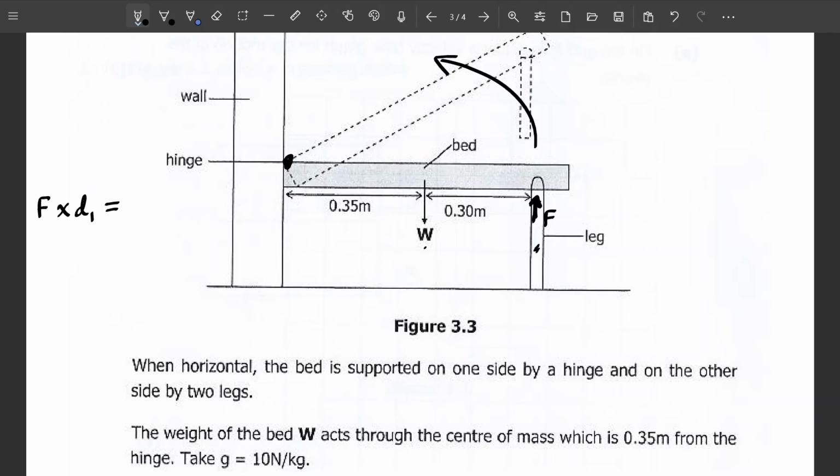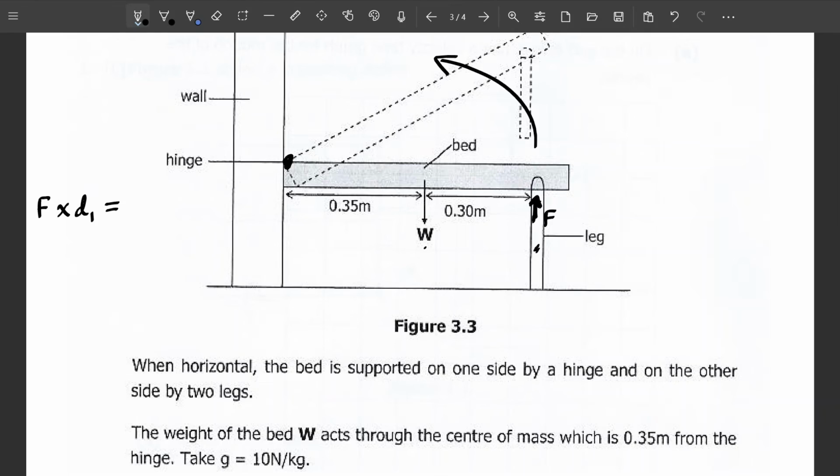As you can see, this arrow here is pointing downward. So there are 2 forces then. Once we identify those forces, then it becomes easy.